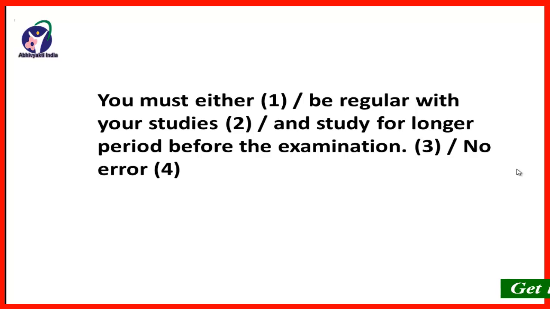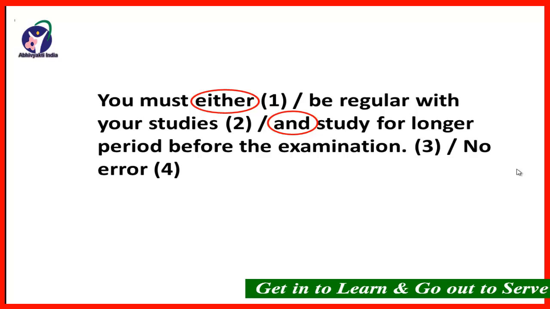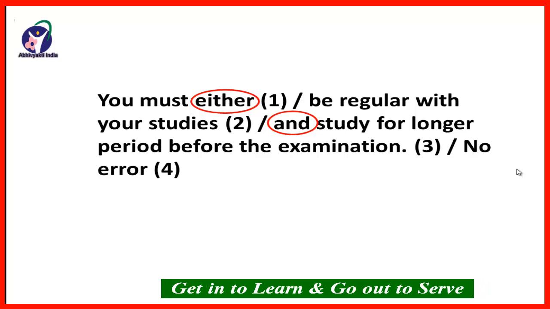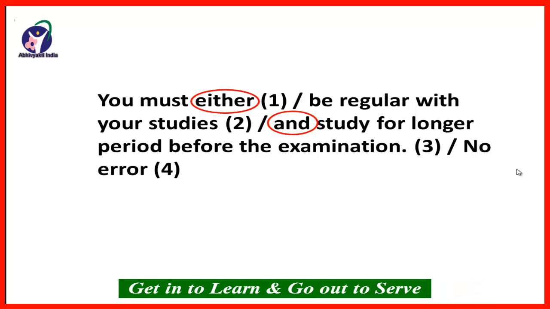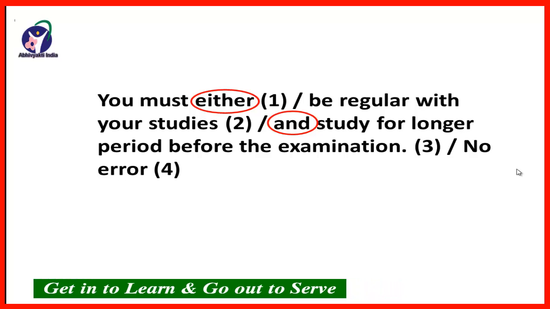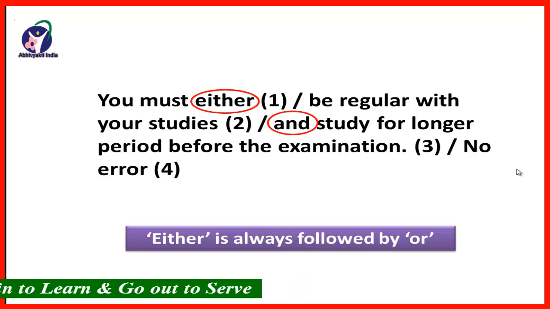Here we see that in the sentence the conjunction either is used, and whenever we use either it is to be followed by or, and therefore in this sentence and should be replaced by or, and so the correct sentence will be: you must either be regular with your studies or study for a longer period before the examination. So remember, either is always followed by or.